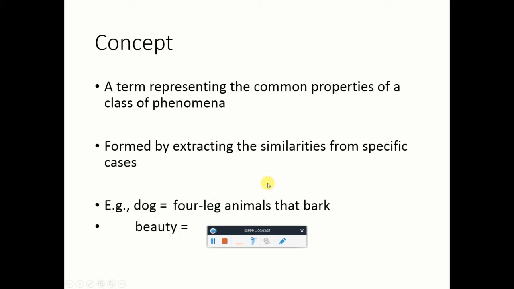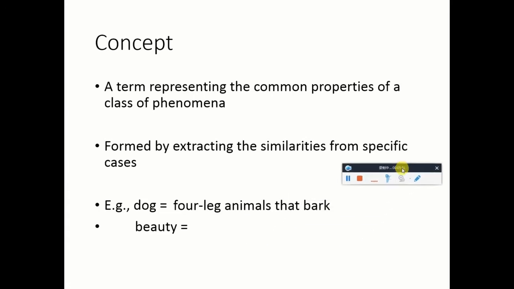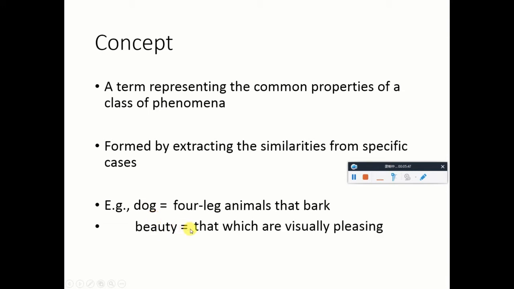Similarly, beauty is another concept. And if this time I asked you, well, what is beauty? Again, you might have your own version of the definition of this concept, right? Dog is a concept, beauty is a concept. Here you might say, well, beauty is something that looks pleasing. That's great, right?